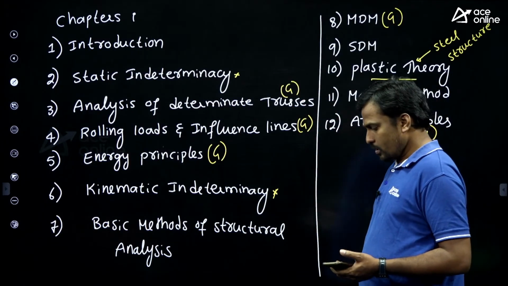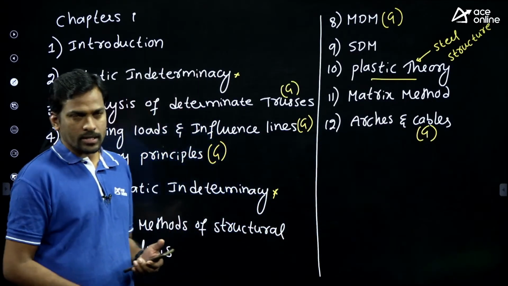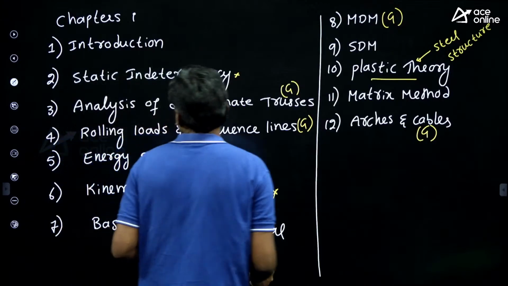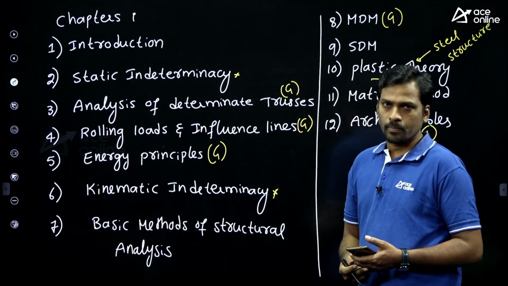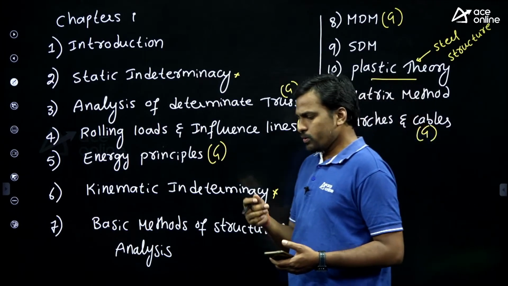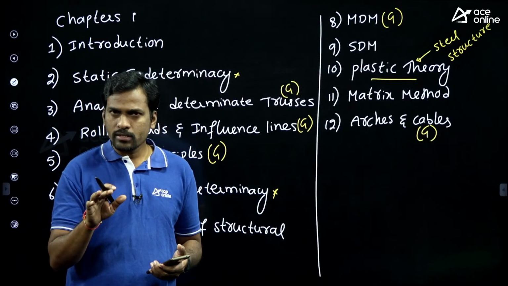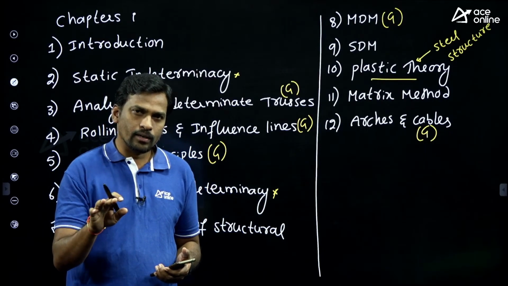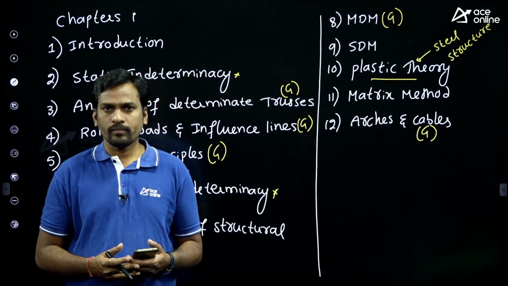Then on which topic do we have to focus more? Now we'll discuss. First, if you see the analysis of determinate trusses, students, you will see 2 marks and 1 mark questions, but concentrate completely on numerical questions.